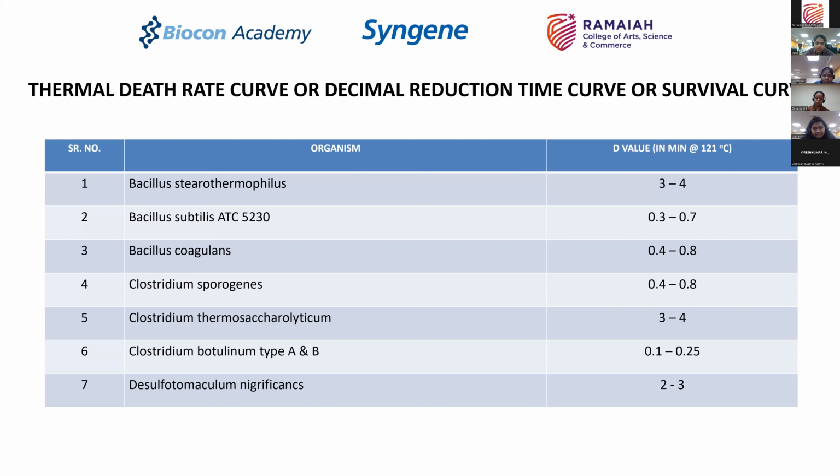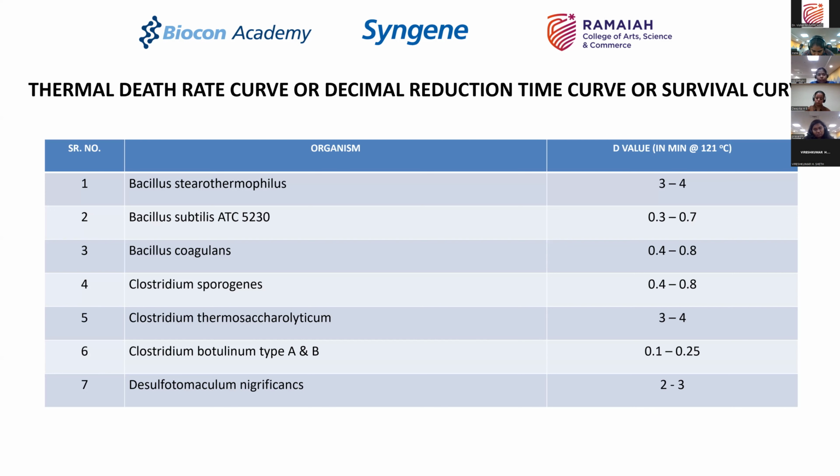Now let's look at the D value for some of the cultures that we have been using in the industry. I've taken some cultures here from the perspective of the food industry also, because I have used some examples of the food industry in the calculations. So Bacillus stearothermophilus takes about 3 to 4 minutes to achieve that kill rate, or one log reduction.